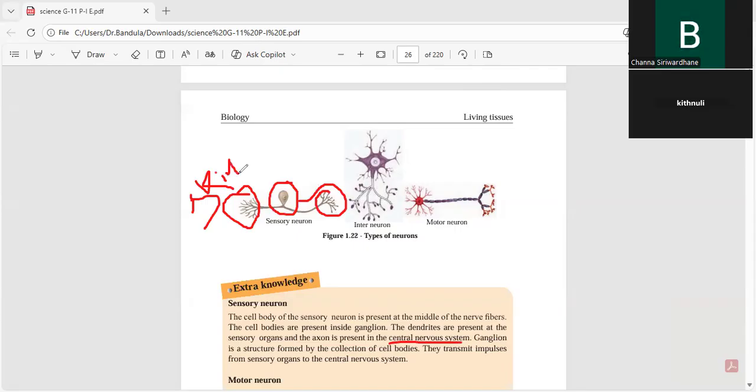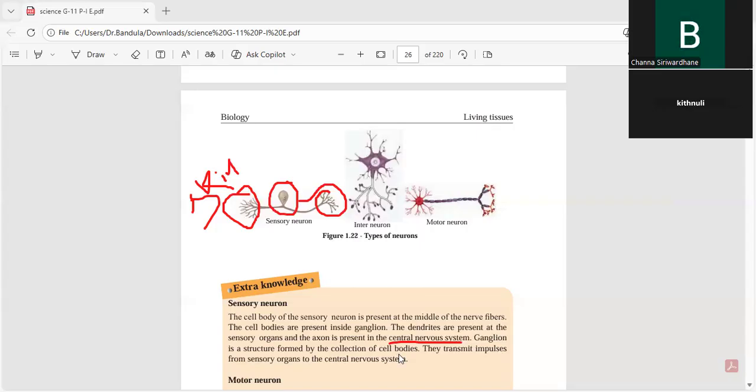Right. Then, a ganglion is a structure formed by the collection of cell bodies.